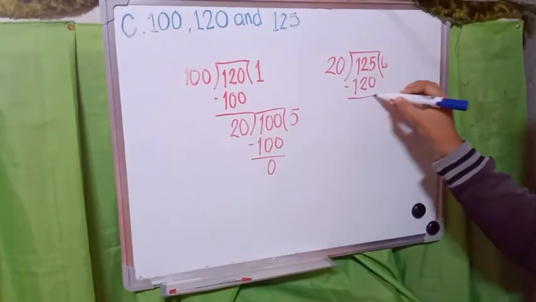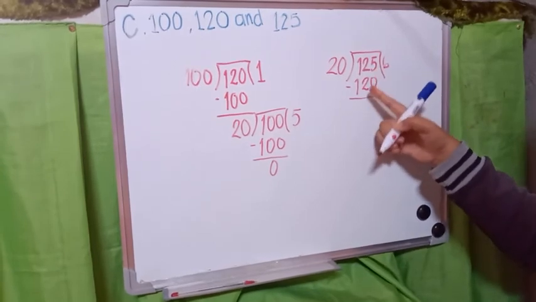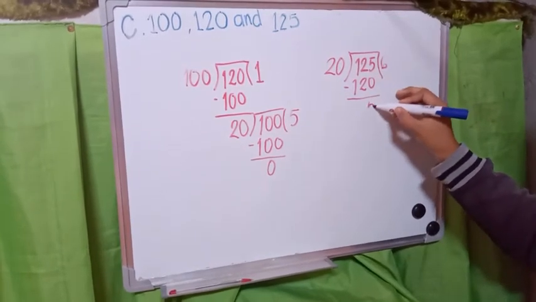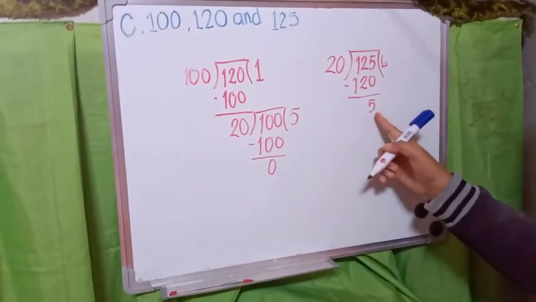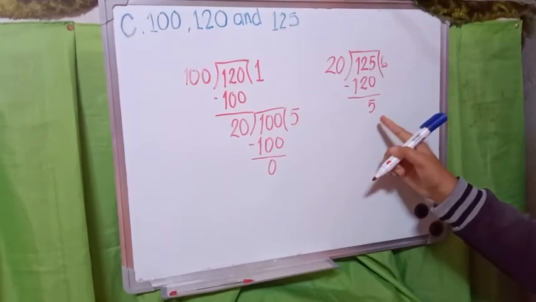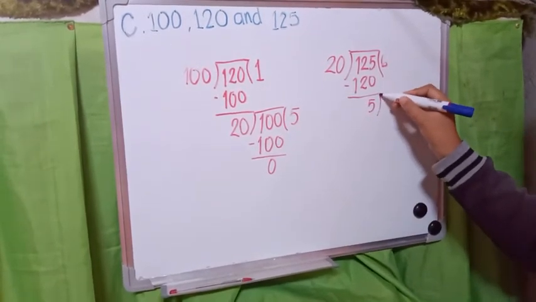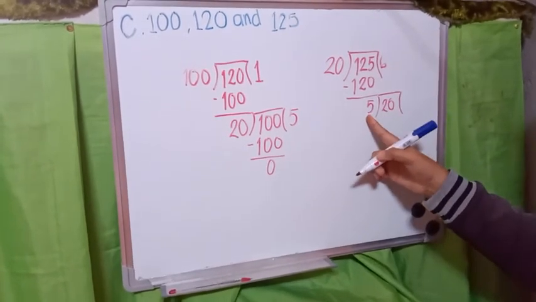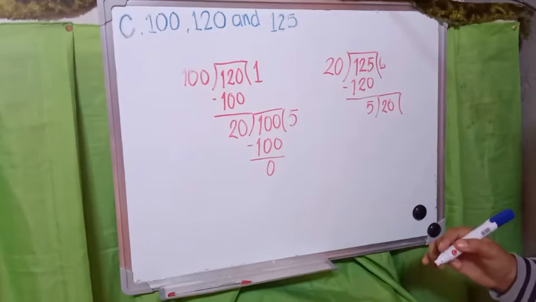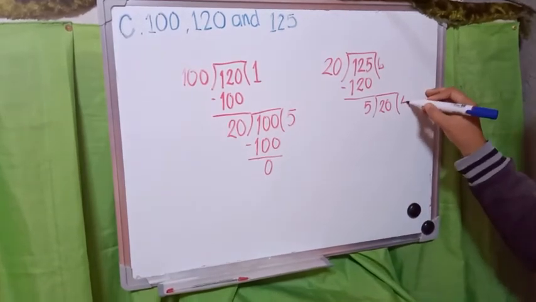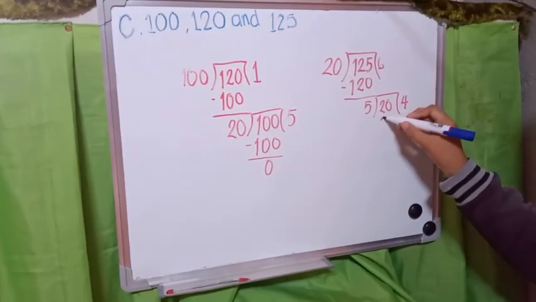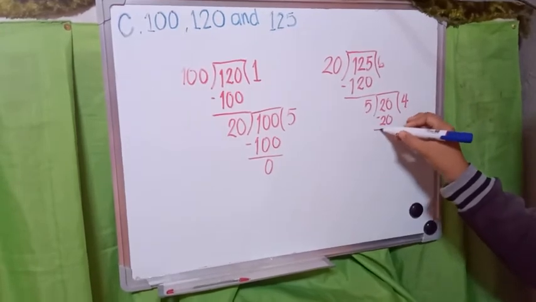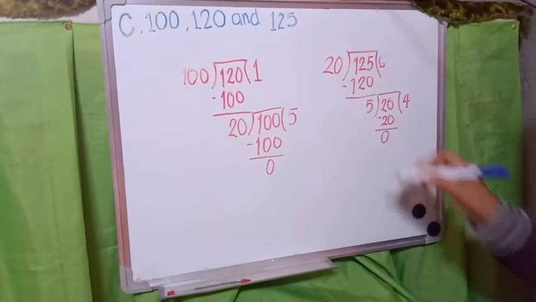So we need to subtract it. 125 minus 120, that is 5. 5 would be your new divisor, and your dividend would be 20. 20 divided by 5. Okay, very good. That is 4. So 4 times 5, it's 20. So your remainder would be 0.